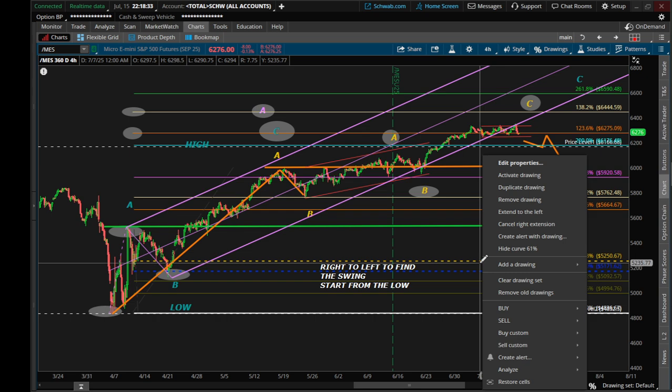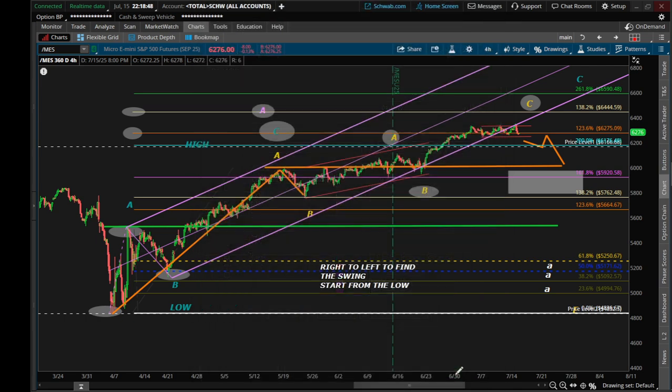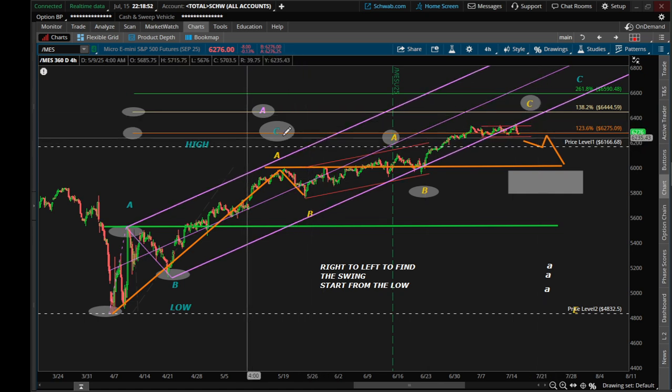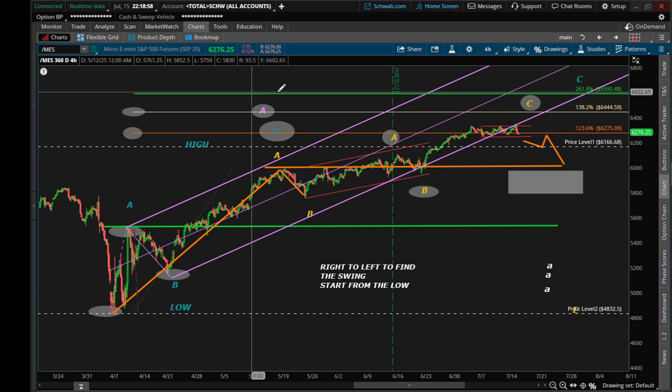Let me get rid of everything except the 261.8 now on the primary count. Okay, so the only targets we have right now are your 2 alternate counts and the 1 primary count.